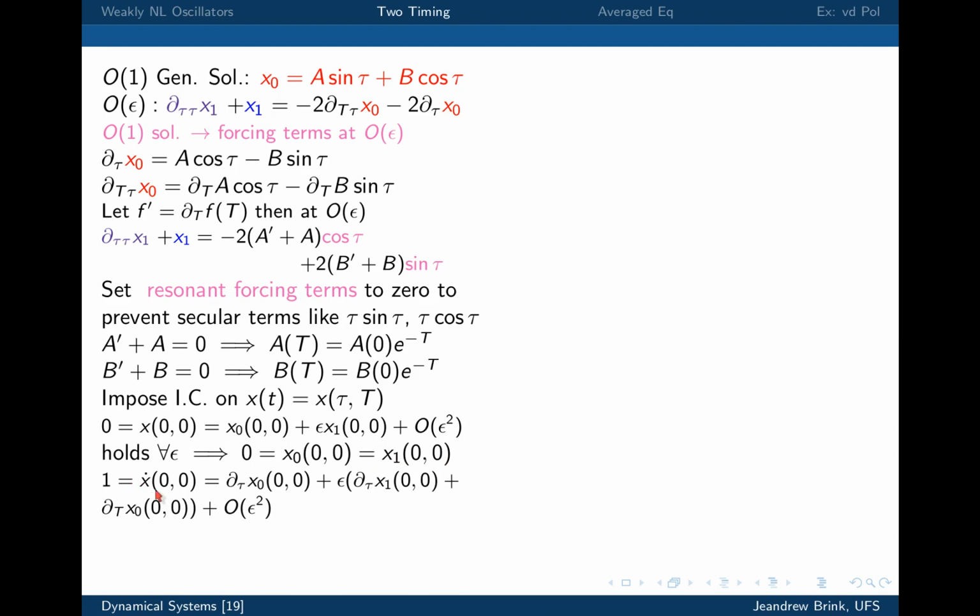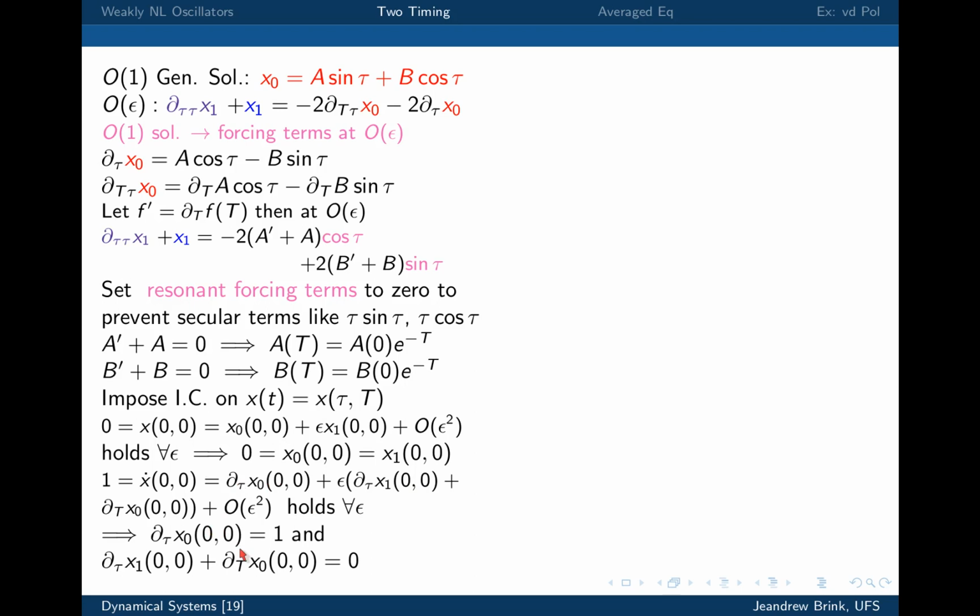So we go back to the previous slide, we find out what the definition of x dot is, because remember you expand in both the derivatives and the fact that x is in fact an expansion. And you get this expression has got to be equal to 1. And so then it's got to be true for all epsilon. So what you basically get then is that d d tau of x0 has got to be equal to 1, and this thing inside has got to vanish.